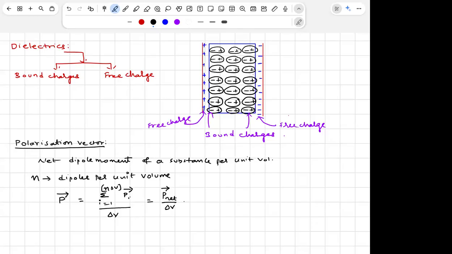Dipole moment is represented with a small p, and the polarization vector is represented with a capital P bar.